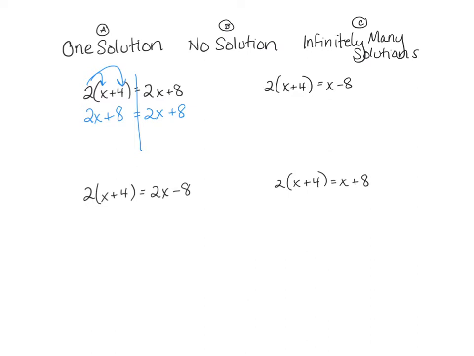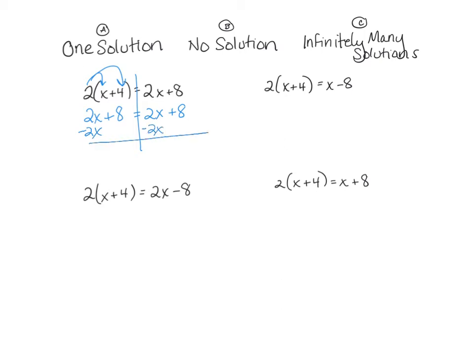So if I follow my procedure, my checklist, I know the next thing I want to do is to gather those variables on the same side. So that means get rid of the variables from one of the sides. Since they're both the same, it doesn't matter which one I try to get rid of. I'll say I'm going to subtract this 2x, and of course I need to do the same over here.